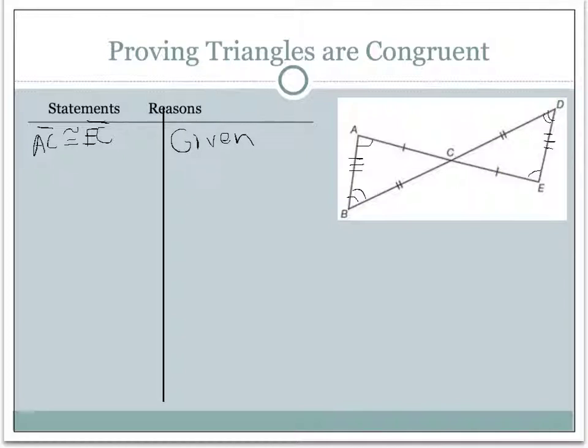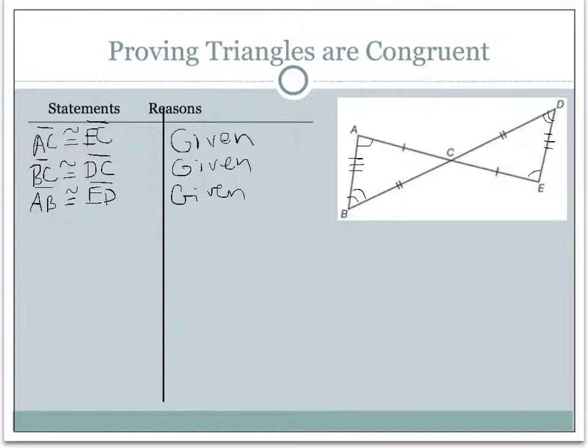I could just as easily say that segment BC is congruent to segment DC, and those are congruent also because the picture gave that to me. I could say that the third side, side AB, is congruent to side ED. Notice I have to go in the right order with my segments, and again, that was given to me.